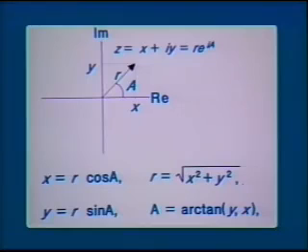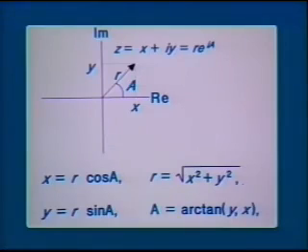So if this is z, then its real part is this much, and its imaginary part is that much. And you write z equals x plus iy. Or another way to represent a complex number is by saying what's the distance from the origin and what's the angle. So that represents a complex number as its radius times an angle.